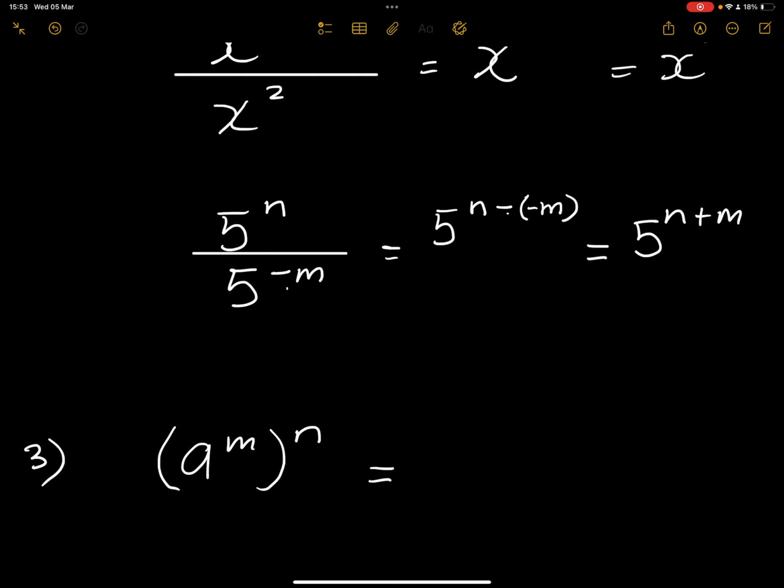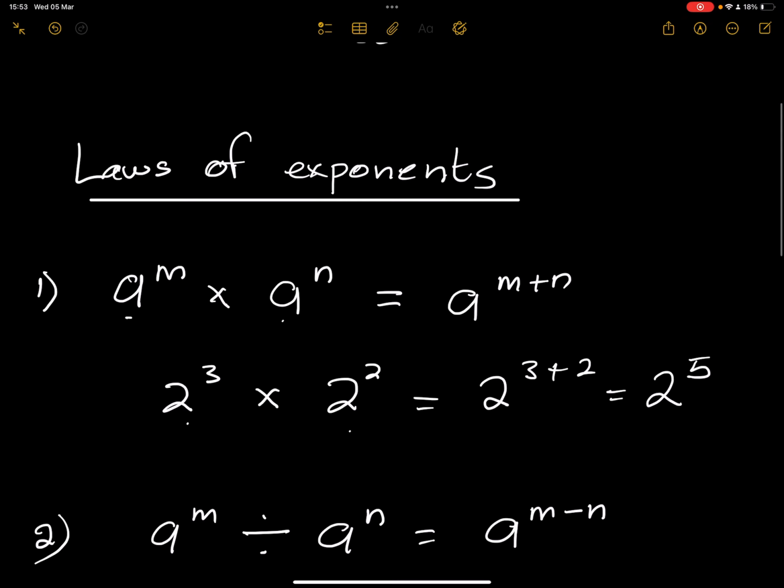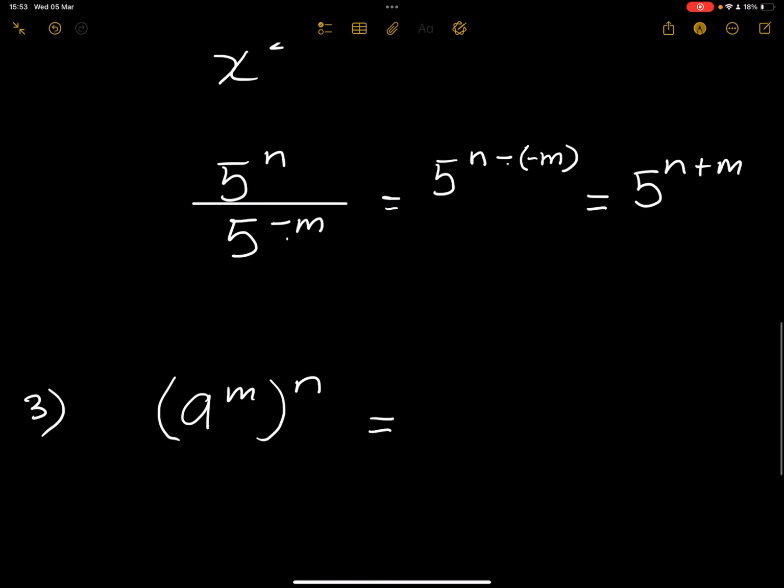Now, ladies and gents, please don't confuse this with the first law, right? I am multiplying powers there, whereas on this one, I am actually raising a power to a certain exponent. So if I'm raising a power to an exponent, in this case, I am going to have m multiplied by n.